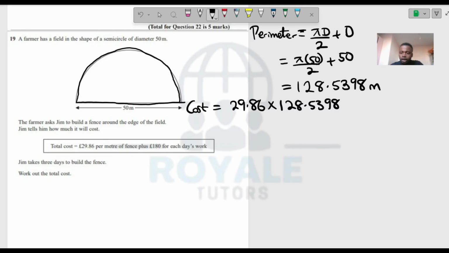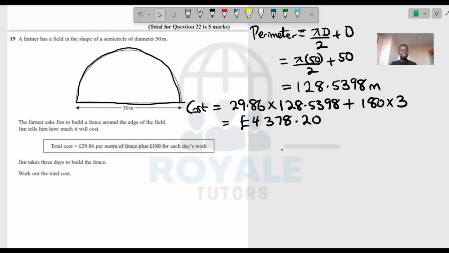Then don't forget you have to add 3 days work. That's 180 times 3. So you can do plus, make sure you put it in a bracket, 180 times 3 equals. So this is going to give you, for money, anything that deals with money you put in 2 decimal places, that is £4,378.20. So that will be the total cost of building the fence. So you have your 5 marks with that.